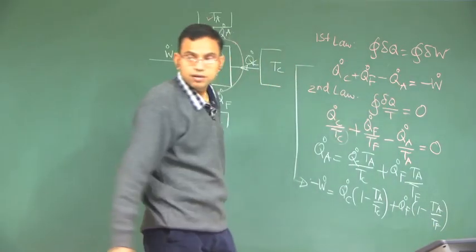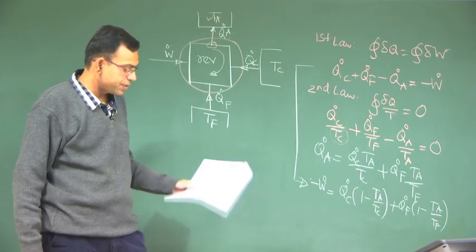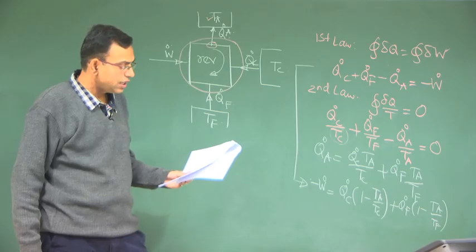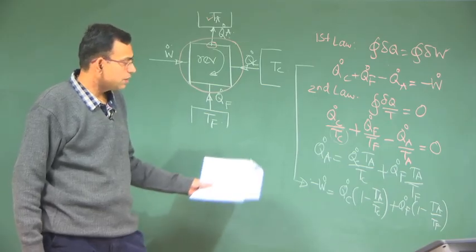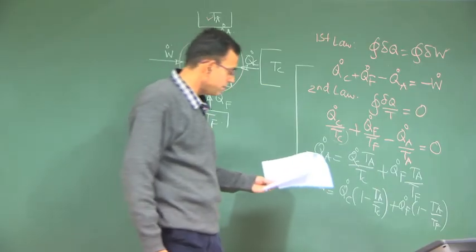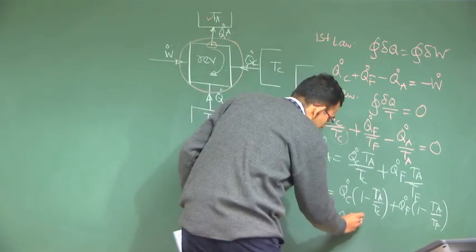This is the final expression. In this expression you can substitute Q dot C as 3 kilowatt, and Ta, Tf, Tc are all given. You have to convert those into Kelvin and just substitute, and this will be 0.504 kilowatt.